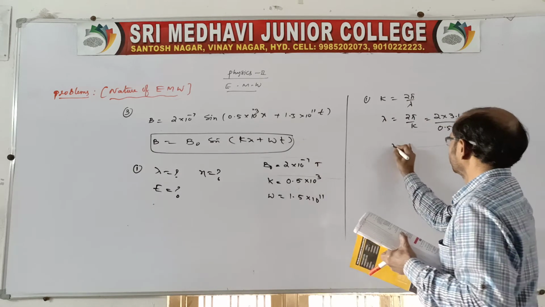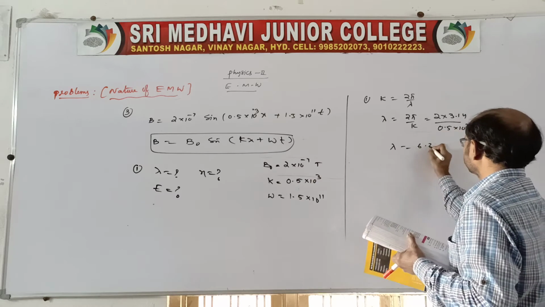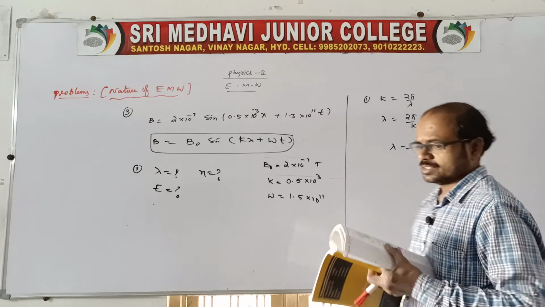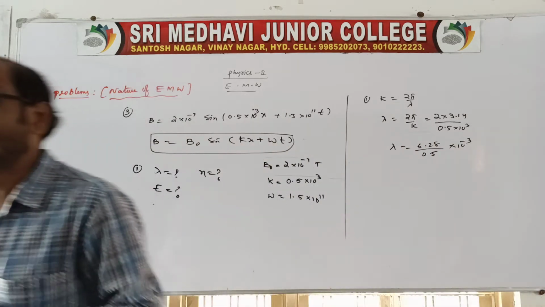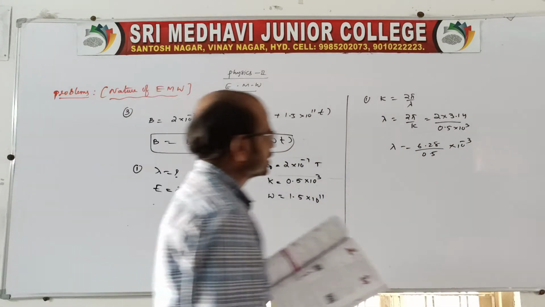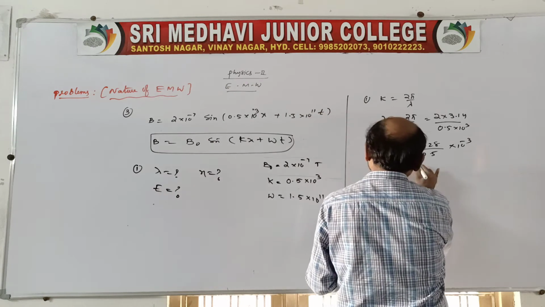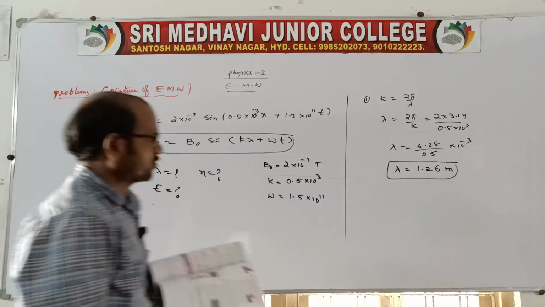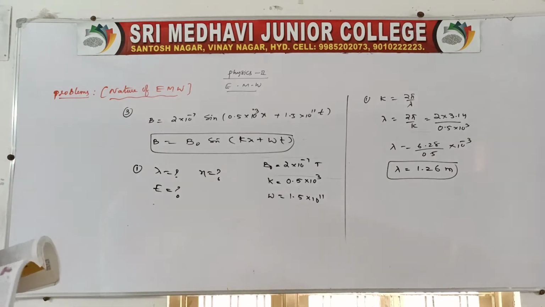Simplifying, we get 6.28 by 0.5 into 10 power minus 3, and the answer in meters is 1.26 meter. So now we know the wavelength.